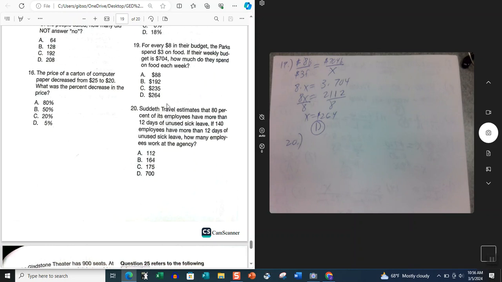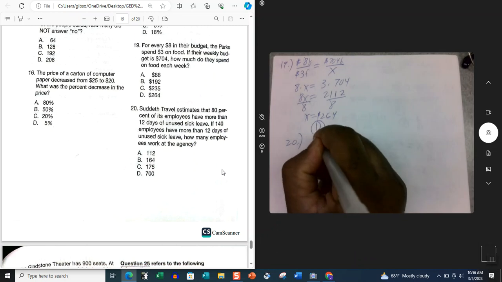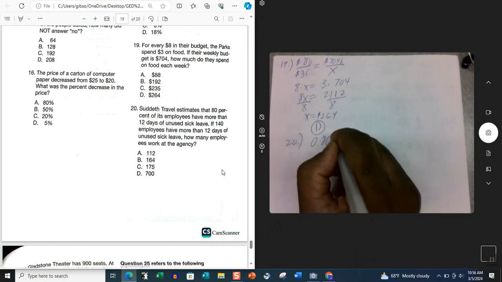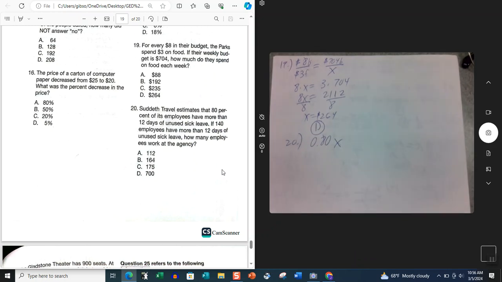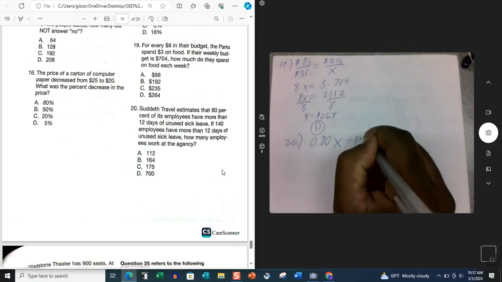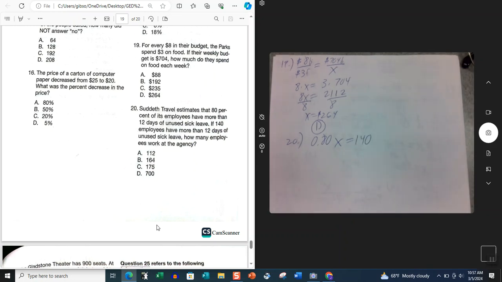Okay, so they tell us 80% of some number, it should be 140. Because remember, 80% have more than 12 days of unused sick leave. 140 employees have more than 12 days of unused sick leave.